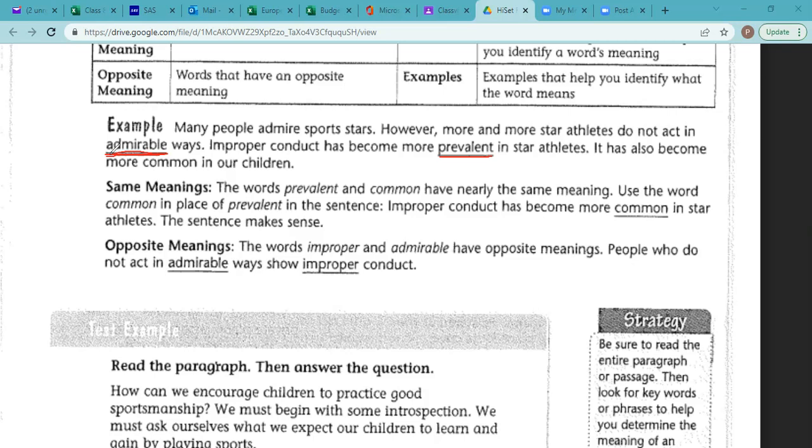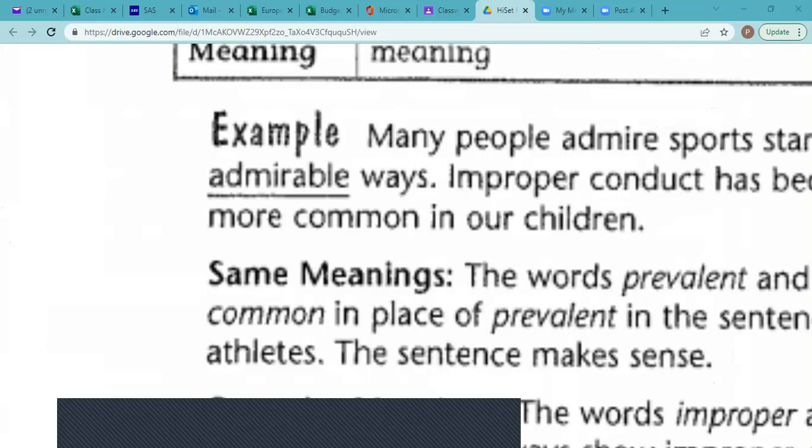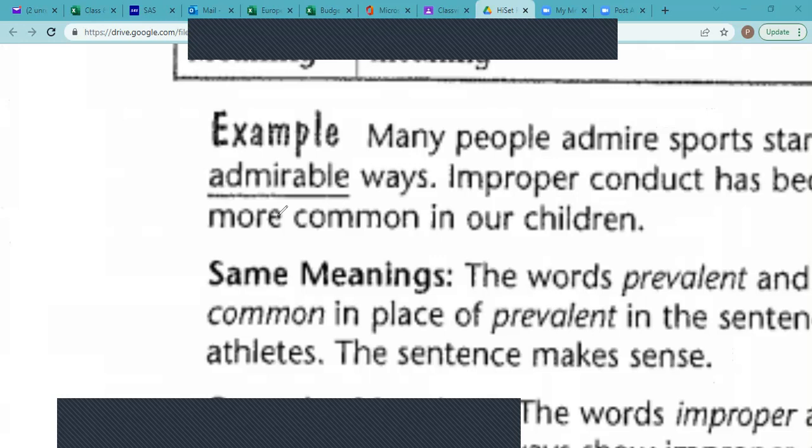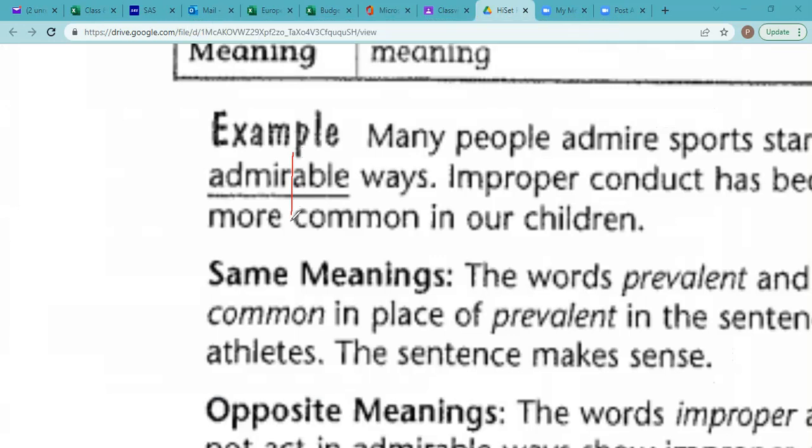Let's take a look at this word, admirable. I'm going to make it much bigger so you can see it. What we can do is break this word down a little bit. Now look at that. It's leaving off one letter, of course, but admire.